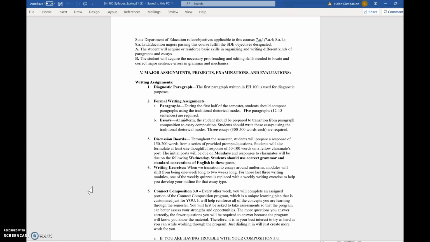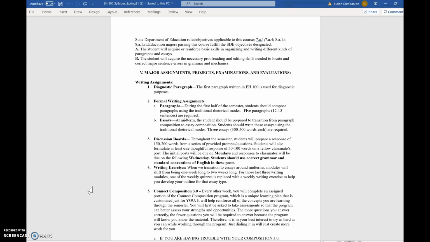Connect Composition 3.0 is an adaptive program, meaning it's customized for you, and it starts with a quick assessment to ask you some questions to see your starting point, and then it helps you work on the specific opportunities that you struggle with. So let's say you struggle a lot with writing topic sentences.